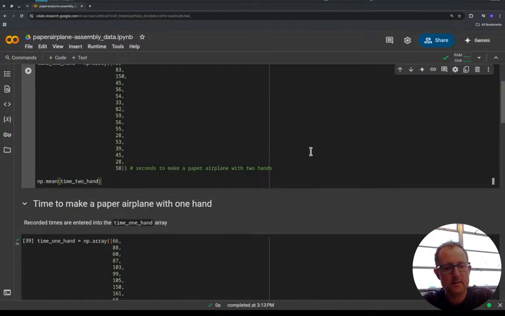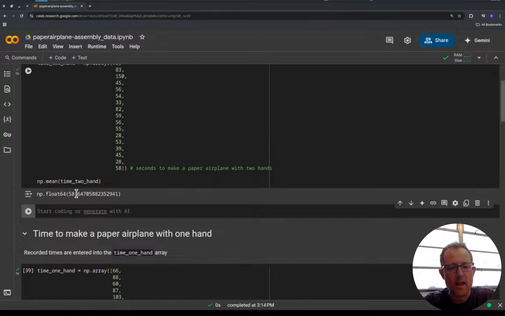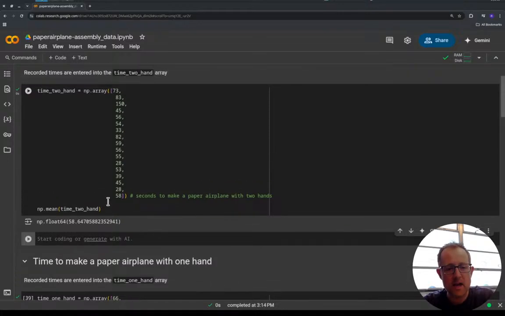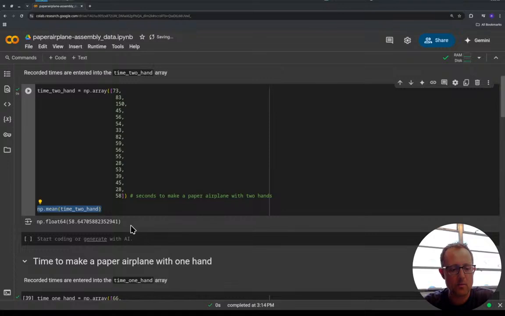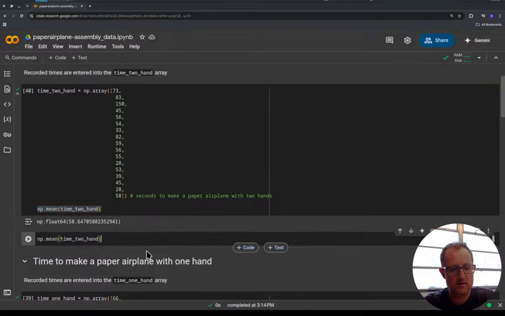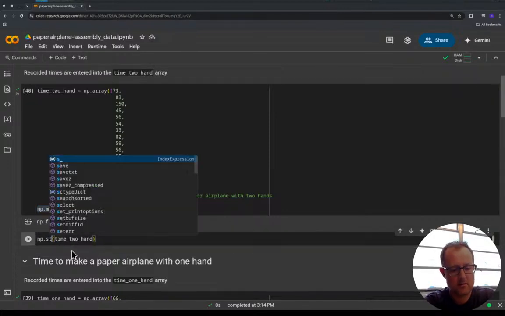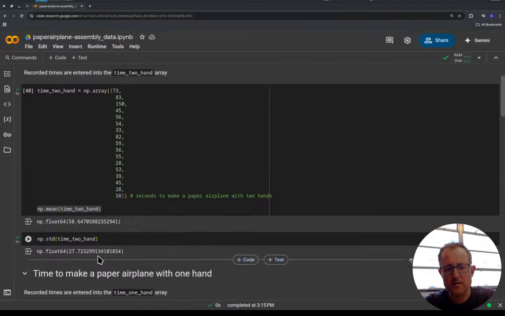Kind of nice. We get that the mean time was slightly less than a minute. And what was the standard deviation? Those are the two big ones. So 1 minute plus or minus 28 seconds. Call it 30 seconds: 1 minute plus or minus 30 seconds.